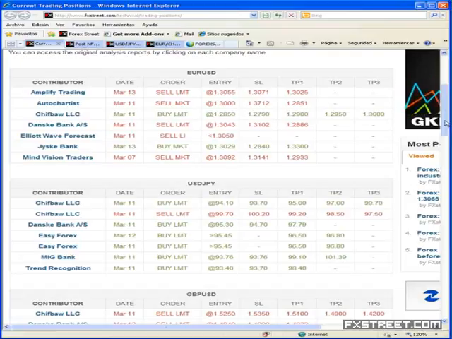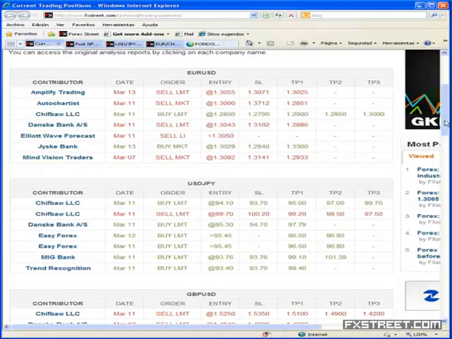Are these contributors mostly the banks or brokers? Not necessarily. There are banks, there are analysts, there are advisors, there are money managers, but none of them are individuals.